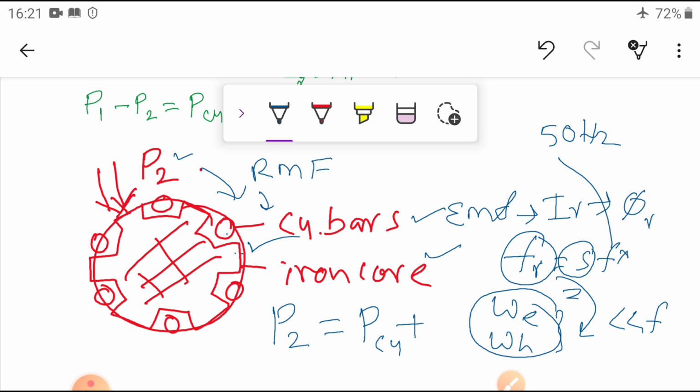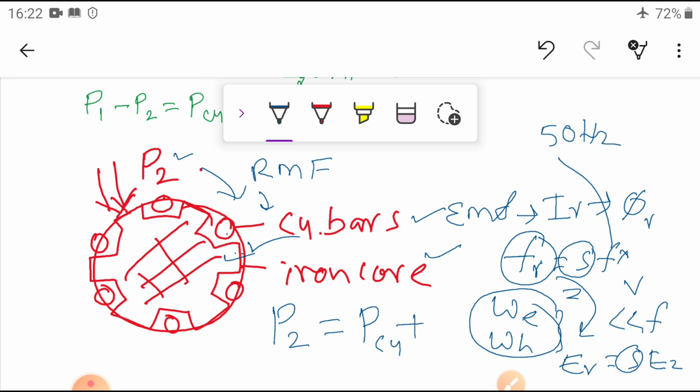The rotor frequency is very low compared to that. That's why we are neglecting the iron losses in the rotor, because iron losses depend on the frequency. Also the rotor voltage ER is equal to S into E2, and the slip itself is very low. That's why, for simple understanding, we are neglecting the iron losses in the rotor.